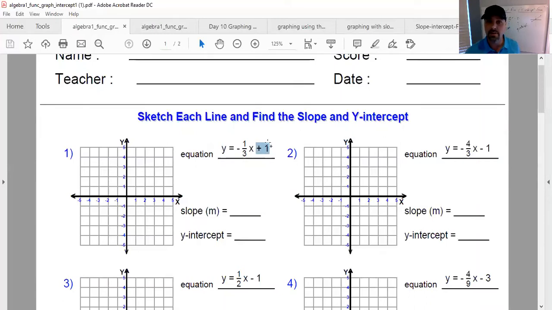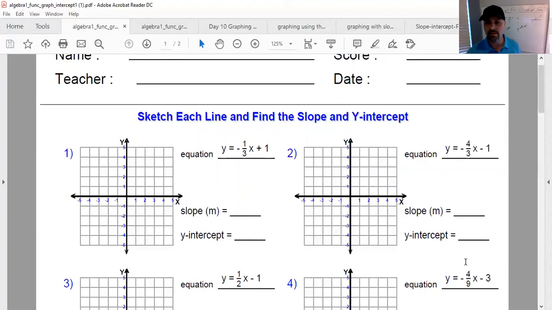But remember, this number represents the y-intercept when we're talking about slope-intercept form. So the y-intercept is 1, all right? So you're going to start by writing these things down here and then come to your graph. Now, when it comes to a graph, you want to start with the y-intercept and then follow the slope, okay?